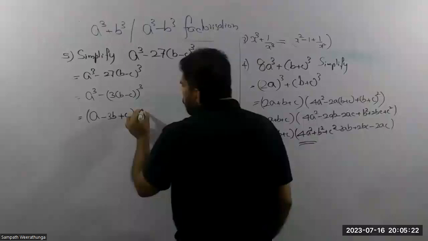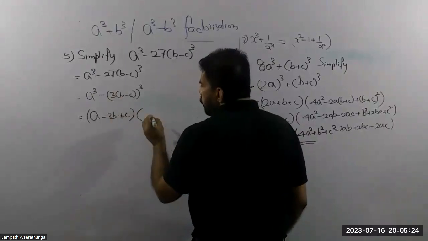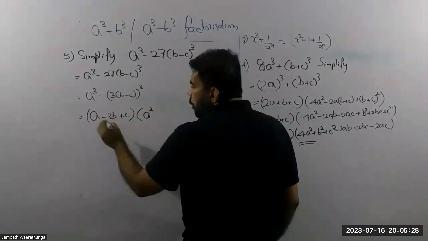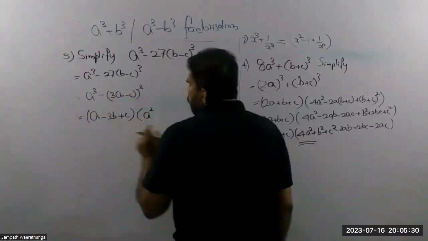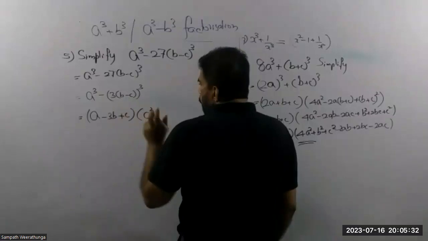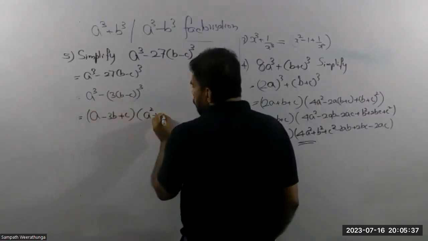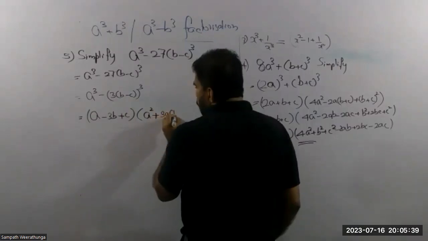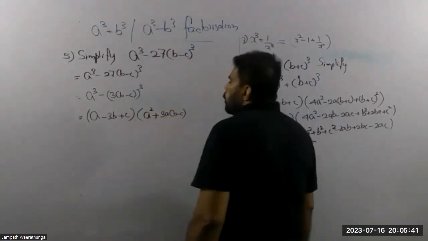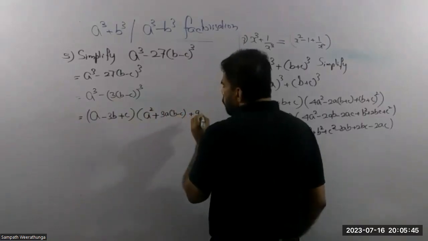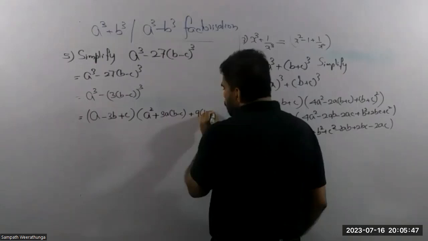Next one is the second term, a into 2 of the positive multiplication. So it's 3a into (3b minus c), then plus 3 into 2 is 9, (3b minus c) into 2.